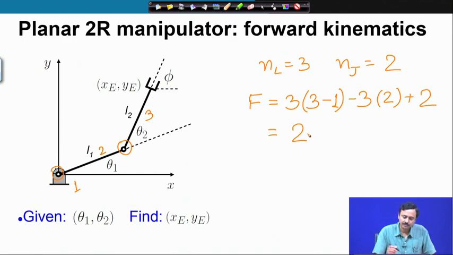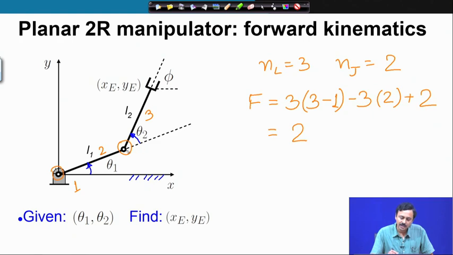What are these inputs? This angle theta 1 and this angle theta 2. Now, note that theta 1 is being measured from the x axis, the ground fixed x axis.